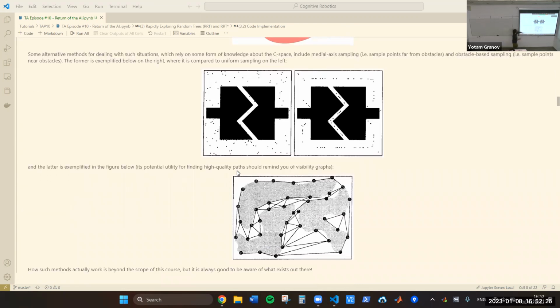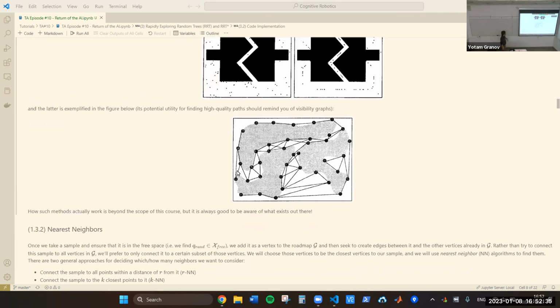Rather than going as far from obstacles as possible, we can also sample as close to obstacles as possible. This is called obstacle-based sampling. Here we get as close to all of our obstacles as we can. And this should remind you of visibility graphs from last week. Visibility graphs are a way to get an optimal solution for the motion planning problem in 2D for polygonal obstacles.